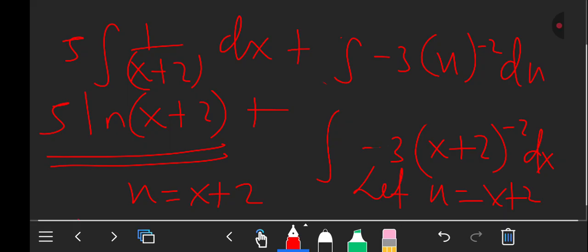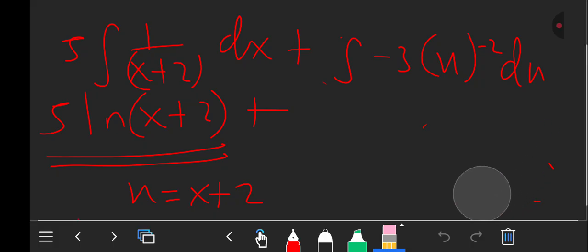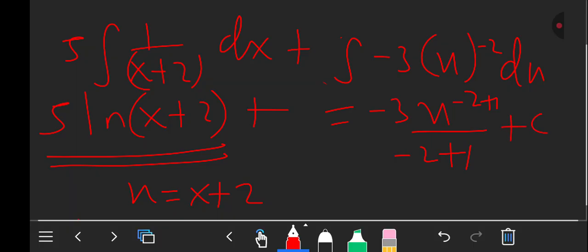Then let's integrate this function. This will be equal to -3 integral of this, same as saying u to the power -2 plus 1 over -2 plus 1, then plus c. So this will be equal to -3, then u to the power -1 over -1, then plus c.